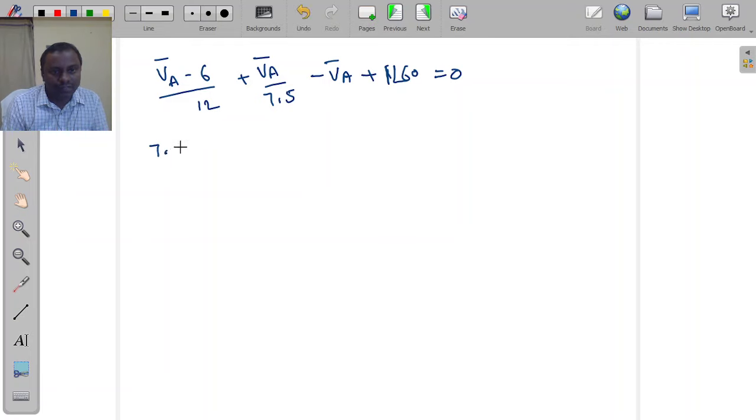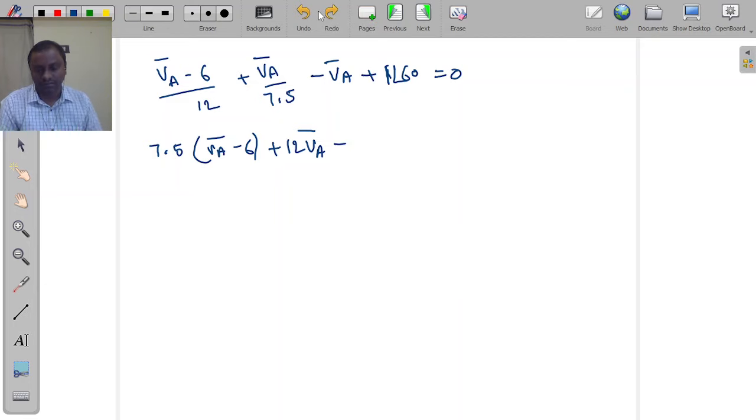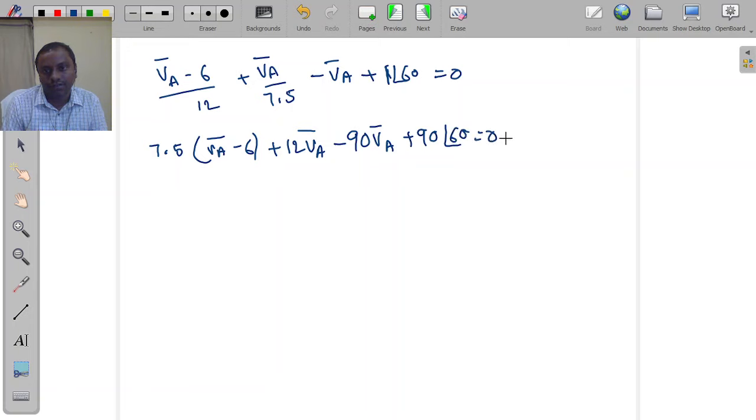It will become 7.5 times VA minus 6, plus 12 times VA, minus 90 VA, plus 90 into angle 60 equal to 0.